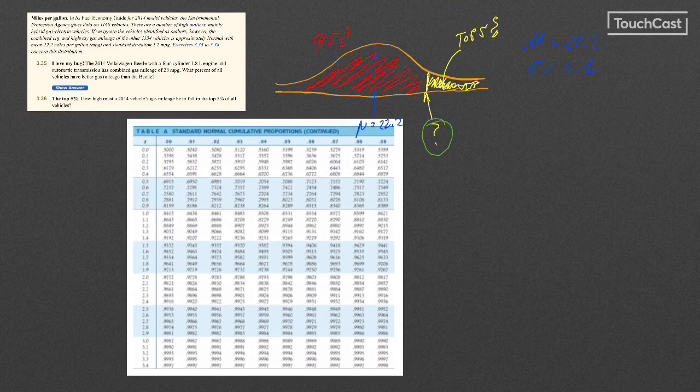Remember, everything under the curve, the cumulative proportions, has to equal 1 or 100%. So we're still making a correct assumption. Now I need to look for something close to 95% in this table.